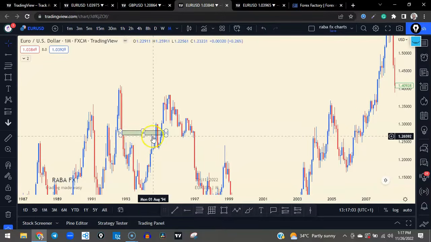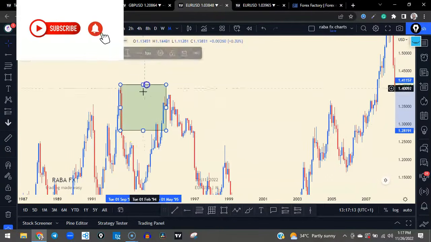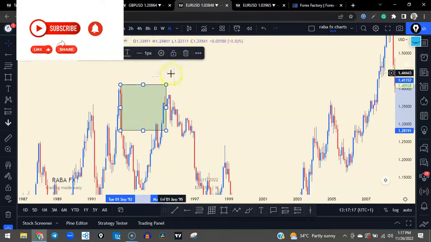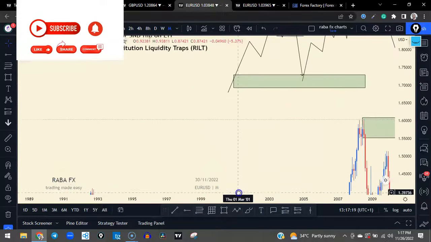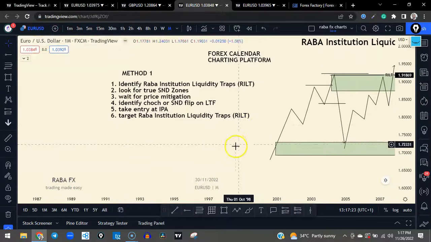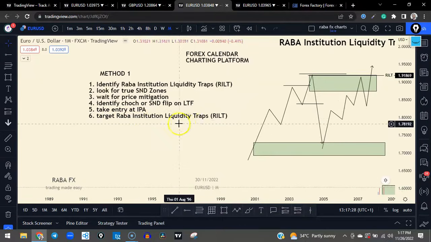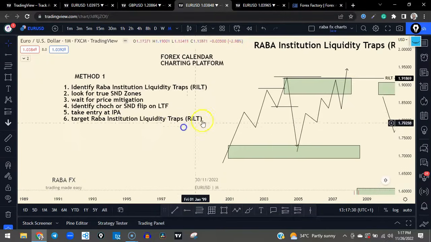Like here, once this first eye is taken, you can take the trade. That's what I mean by the first liquidity before the IPA fill. Whereas the IPA is simply this candle that fills up the imbalance, with your stop loss above that IPA. Whichever way you want to enter is up to you. You have to backtest this. Then your target is at the Raba institutional liquidity trap, which is RILT.